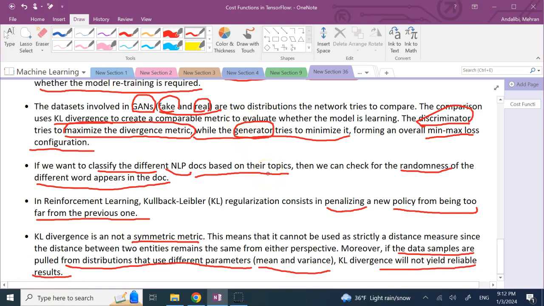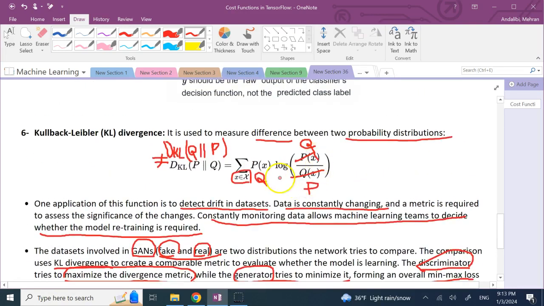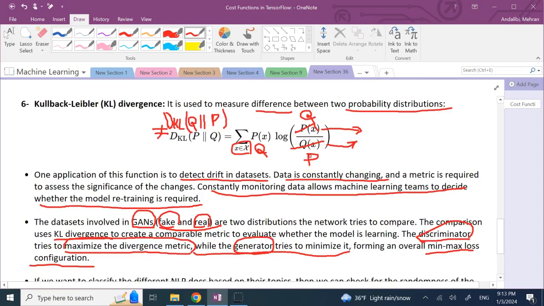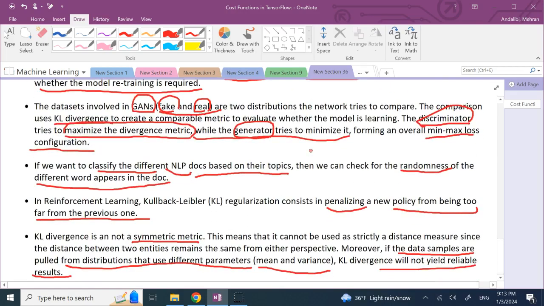So let's say this P and Q are basically coming from a normal distribution, a Gaussian distribution, but they have different mean and different variance. And now we are trying to see if they belong to the same thing or not. Well, guess what? You're not going to get a good result, and it's not super reliable. So it has some limitations, and we need to be careful.